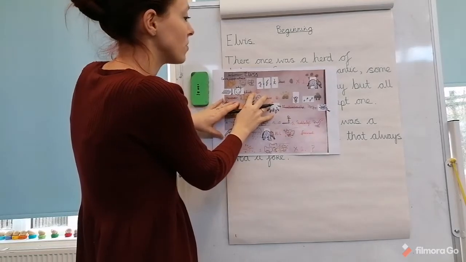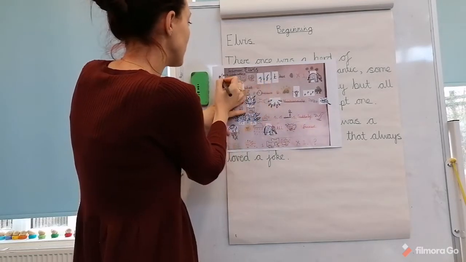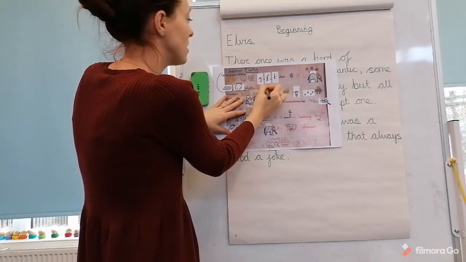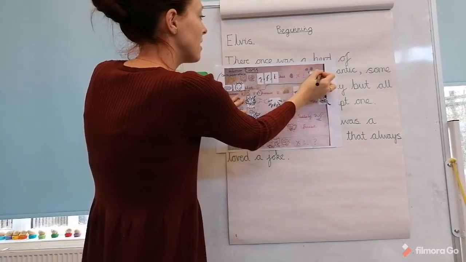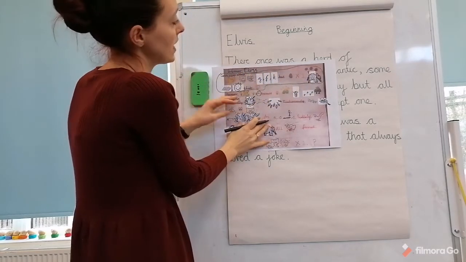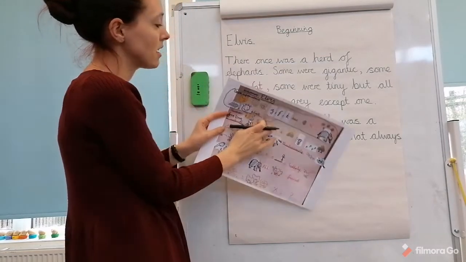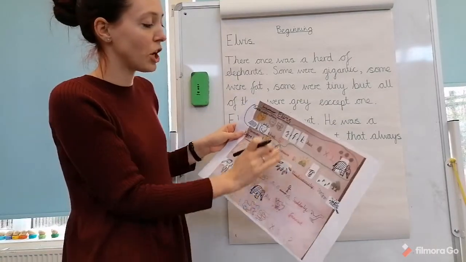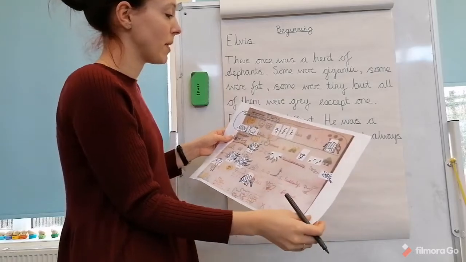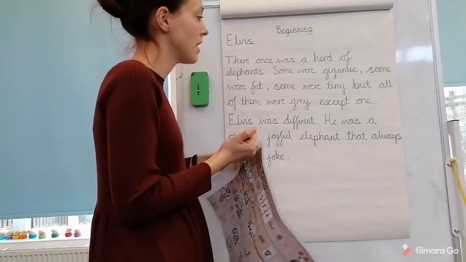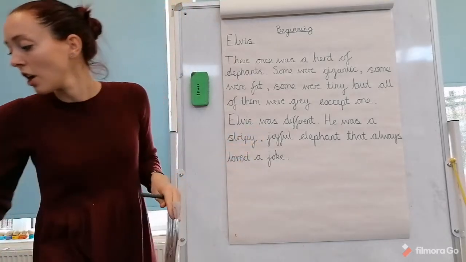I'm actually going to put a little circle around it just to mark where, do a lasso around here. This is the beginning part of my story. So you can see where it ends, saying that he loved a joke. That's the end of my beginning part. So I'm going to read it to you now and pick out some of those important things that I have included.